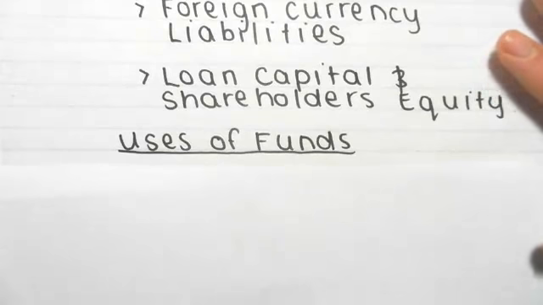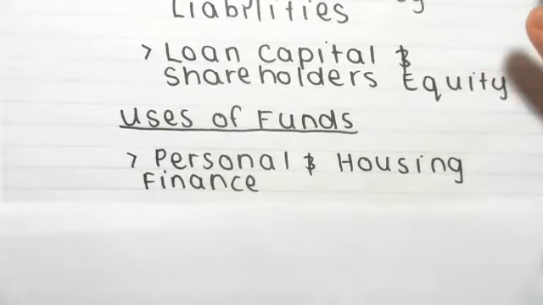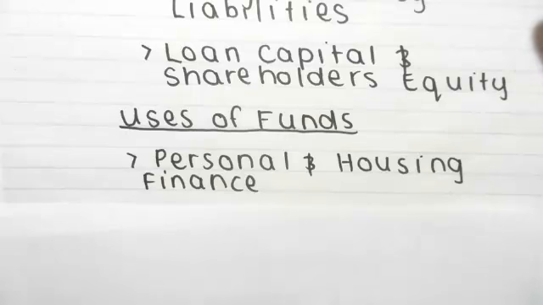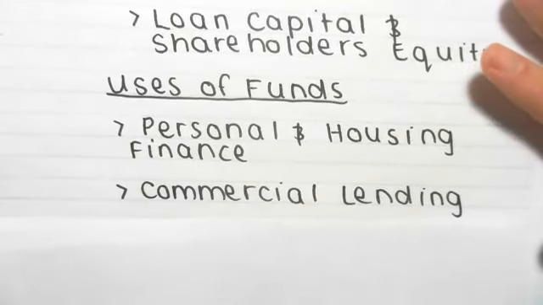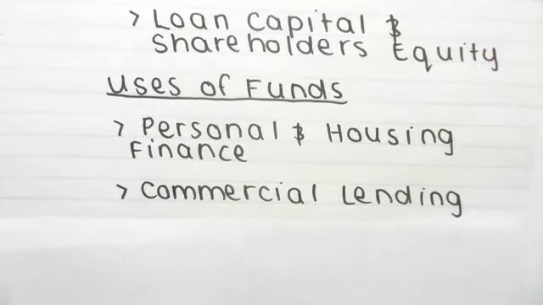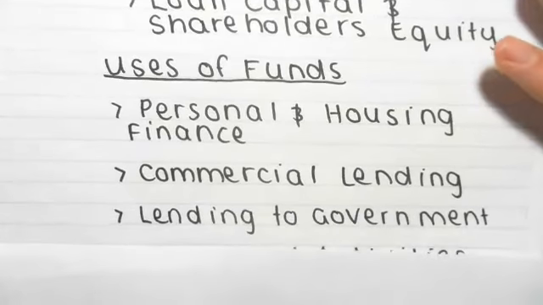So in terms of some of the uses of funds, we've got personal and housing finance, so that's just mortgages, fixed term loans, any personal overdrafts, credit cards. There's commercial lending, so for businesses, an overdraft for them, maybe some leasing or commercial bills.